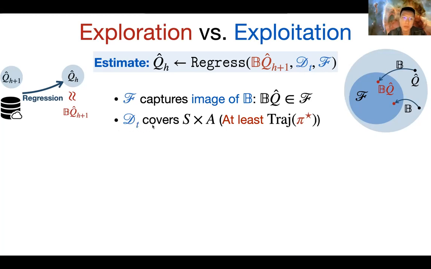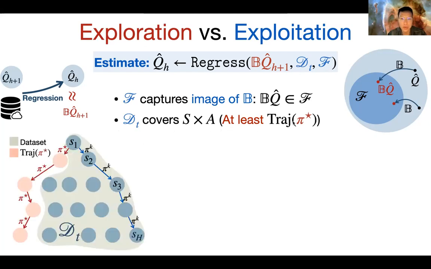Ideally, it should cover all the state action space, or at least the trajectory induced by the optimal policy, because the optimal policy is the thing we want to eventually get. By saying that the data covers the optimal trajectory, what I mean is that the empirical distribution of the data should be very close to the distribution of the trajectory generated by the optimal policy.